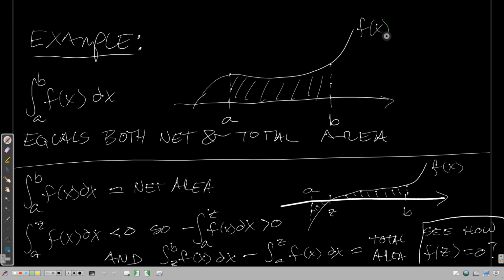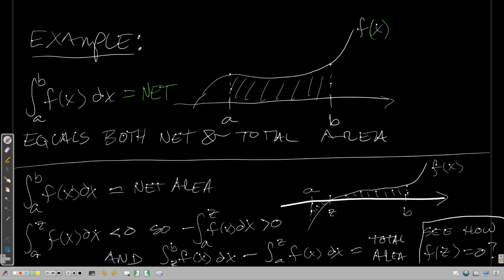So, for example, here's a function f of x that is not crossing the x-axis on a to b. So the net area and the total area are the same. Where if I just straight away integrate, this is always net area.